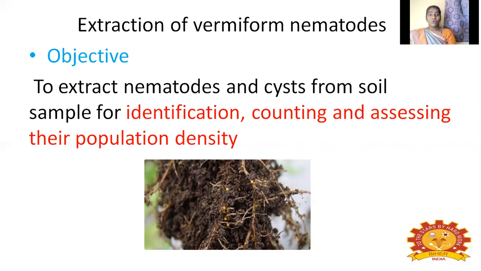For that we need to identify and count it. Population is an important factor for the damage, so we also need to assess the population. This is the main objective of the extraction of vermiform nematode.